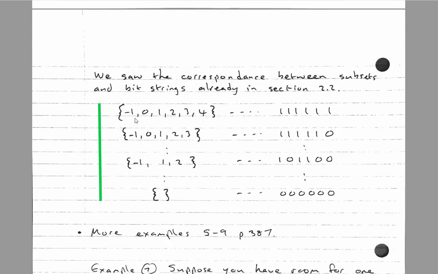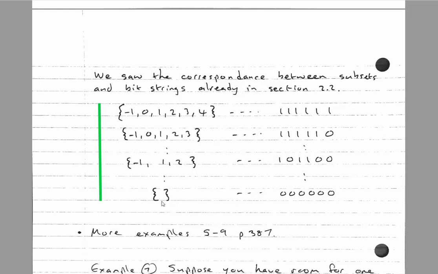The subset that includes all the elements, listed in this order, is all 1s. If we don't include 4, then we make that last one a 0. If we just want to include the first, the third, and the fourth, then we have 1, 0, 1, 1, 0, 0. So this bit string corresponds to this subset.